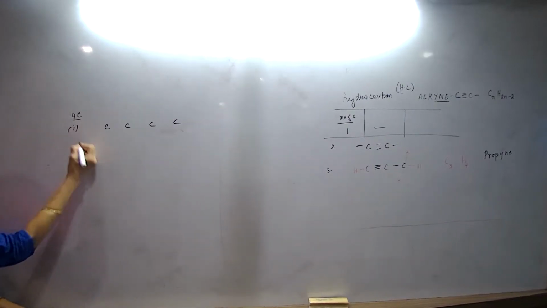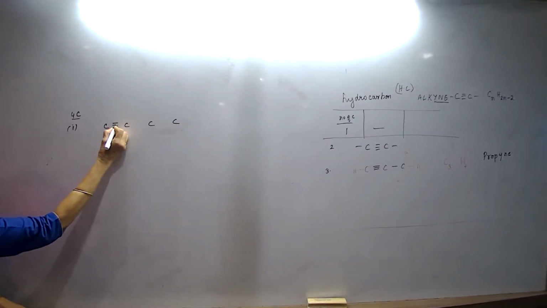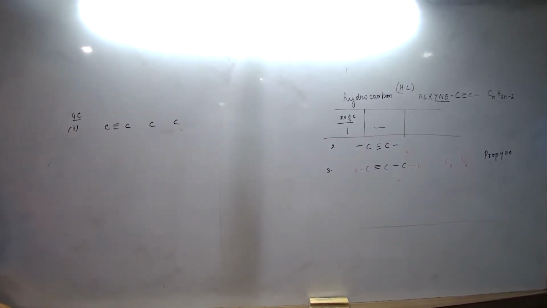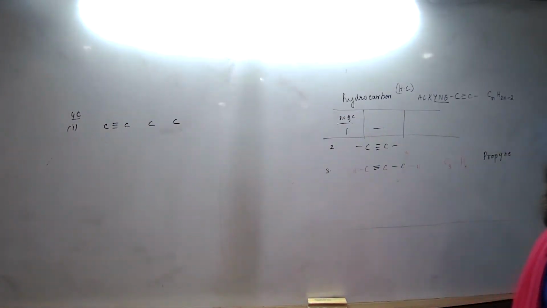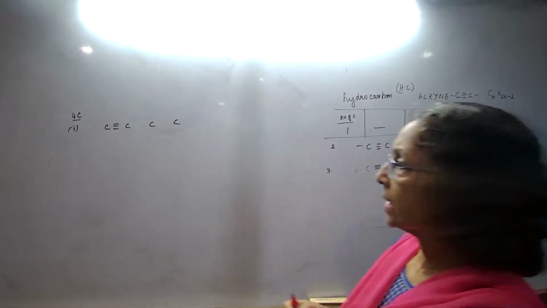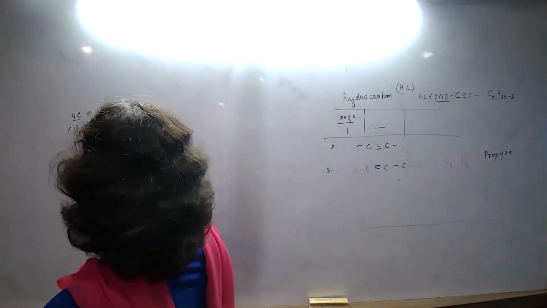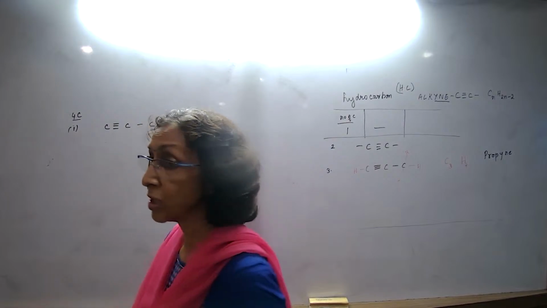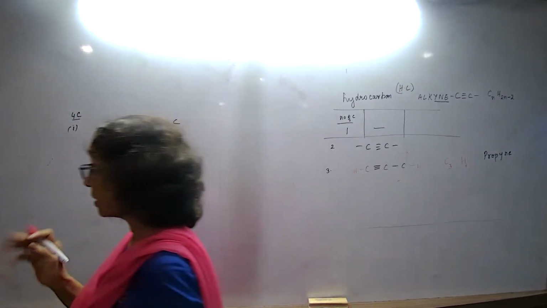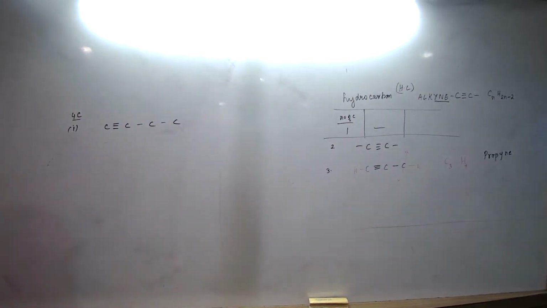First method, I can put it here. Because we are talking about an alkyne, obviously it has to have a triple bond. In between, obviously, we have a single bond. Now we'll try to fill up the hydrogen. Don't look at the table, it is very confusing. I'm going in a very systematic manner, copy down what I tell you.